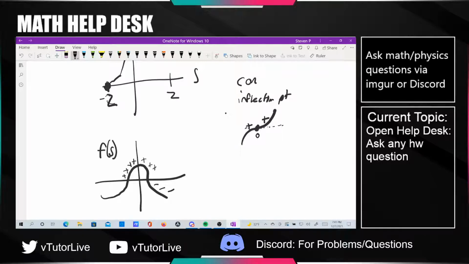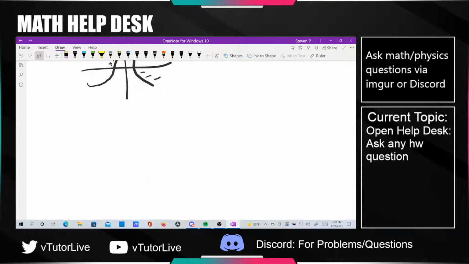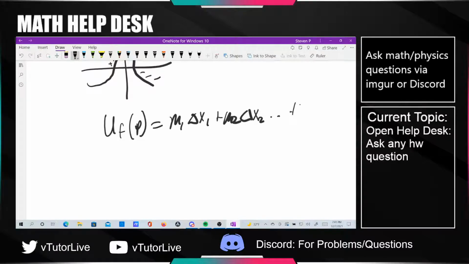Okay. Yeah, this is very odd. Okay, so it's just talking about the upper sum, M1 Δx1 plus M2 Δx2 plus ... plus Mn Δxn.